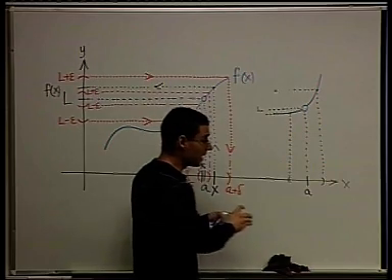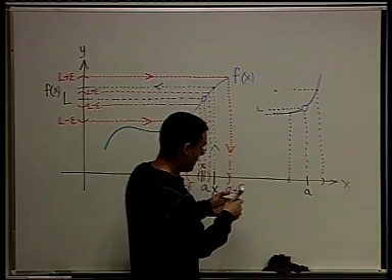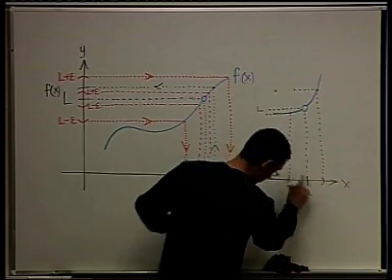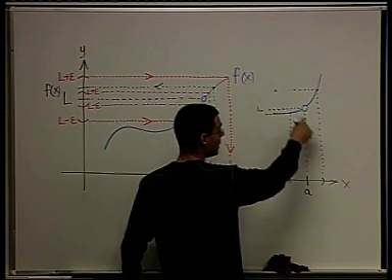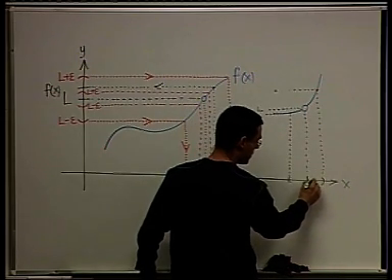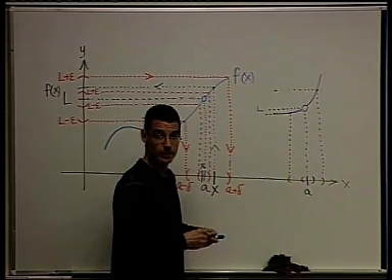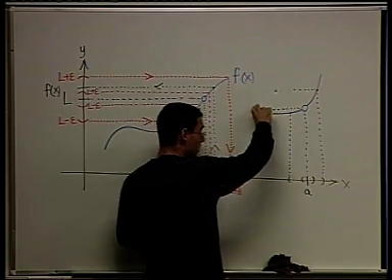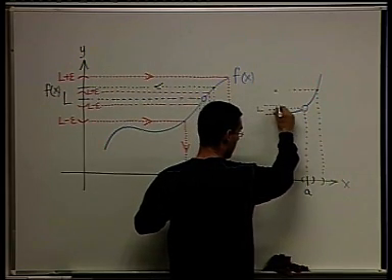So if you want to get a symmetric neighborhood, we take the smaller of the two. So if we want to, for example, be this close to L, we have to take a neighborhood which would guarantee it on both sides. We should start from the Y. If we want to be this close to L, we're going to start from the Y.